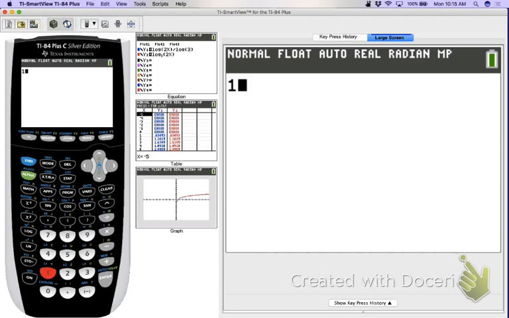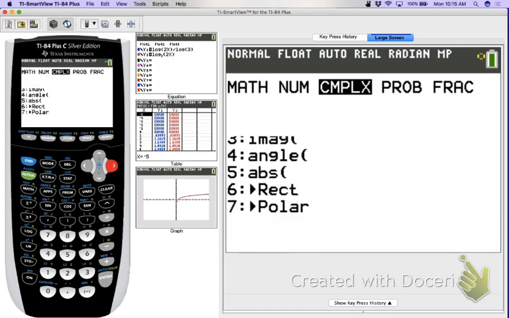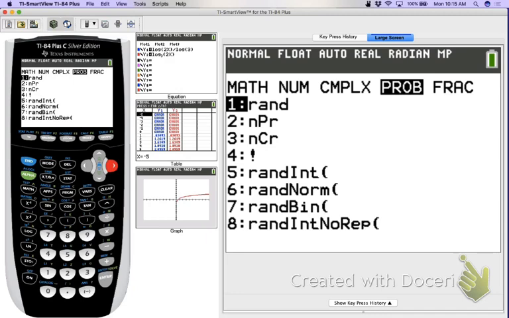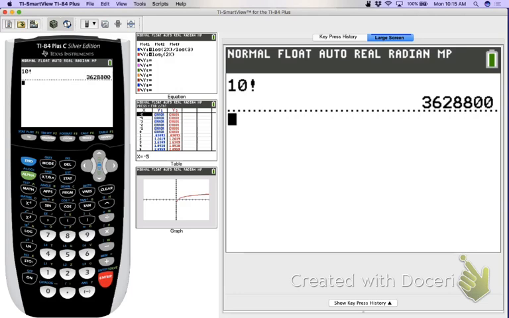If you have a graphing calculator, so like it's 10 factorial, then all I'm going to do is hit 10, hit math, and then go over to where it says PROB for probability. Then there should be an exclamation point. It's probably the fourth one. You can hit 4, or you can arrow down to it, have 10 factorial, hit enter, and you get 3,628,800.